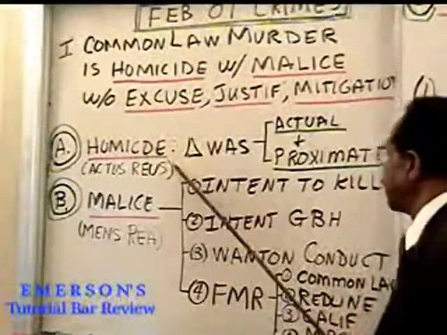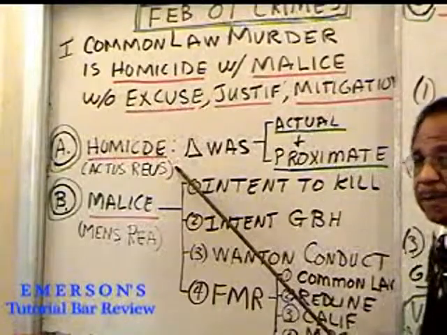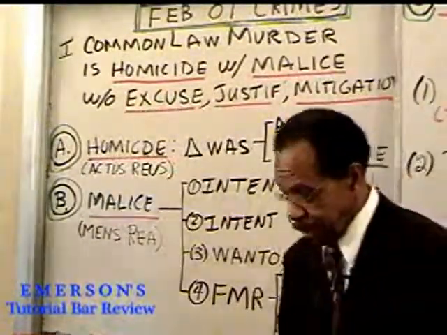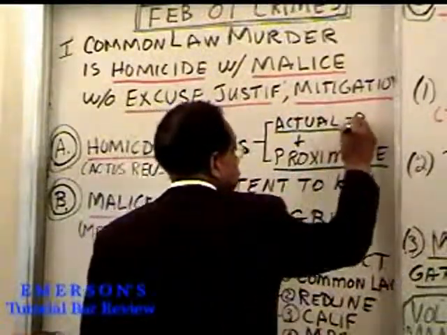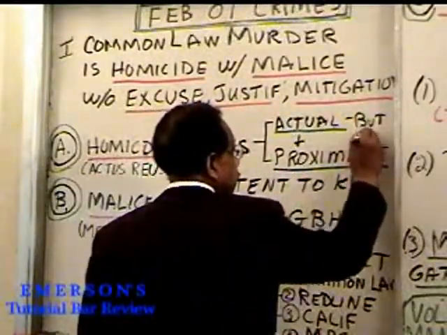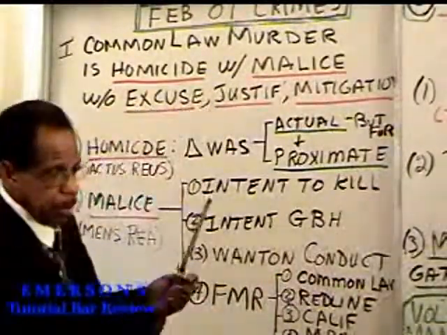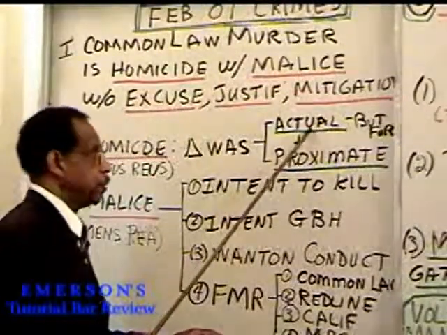Do we have homicide? Did Dan kill Vic? Well, yes. But for, remember you used the but for test right here. But for Dan hitting Vic, Vic wouldn't have died. So Dan is the actual cause.